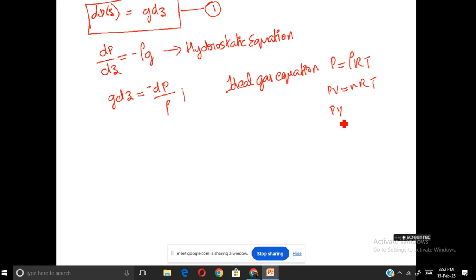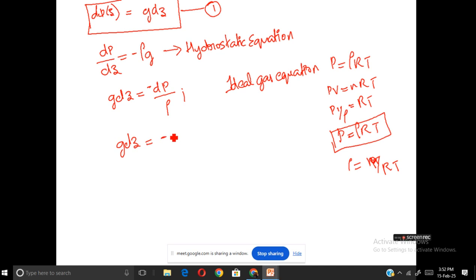In this case, mass is 1 kilogram. So P into 1 by rho is equal to 1 RT. So P is equal to rho RT. This is a form of the ideal gas equation. From P is equal to rho RT, we can write rho is equal to P by RT.